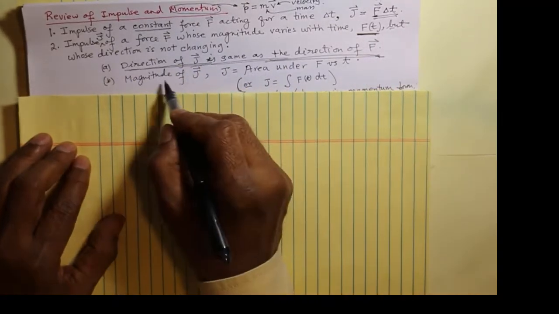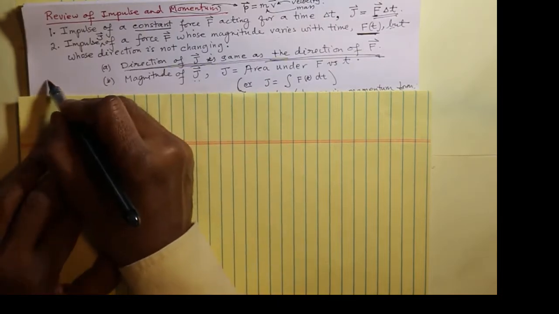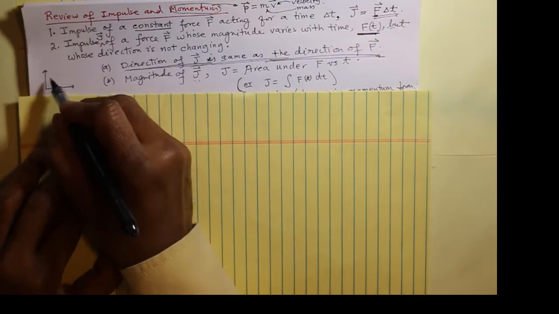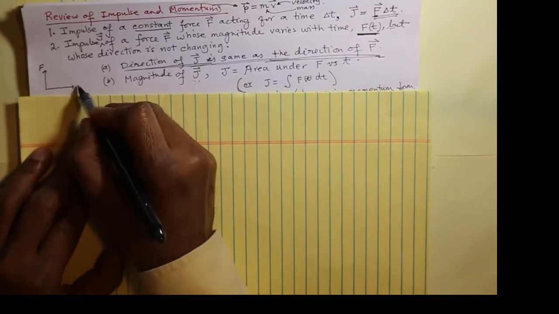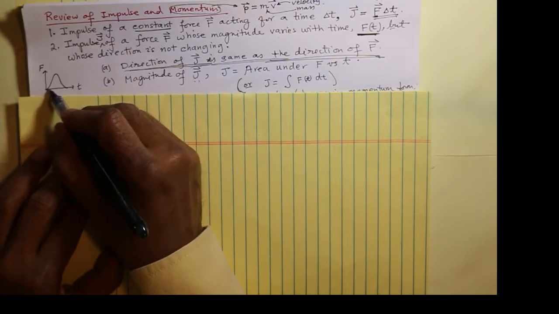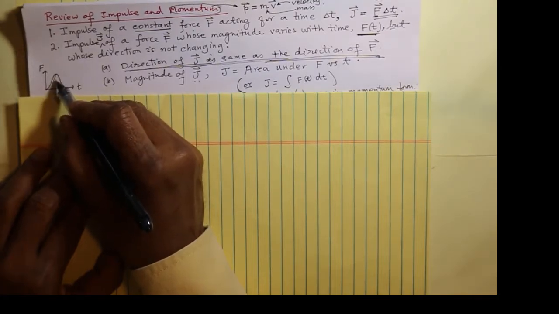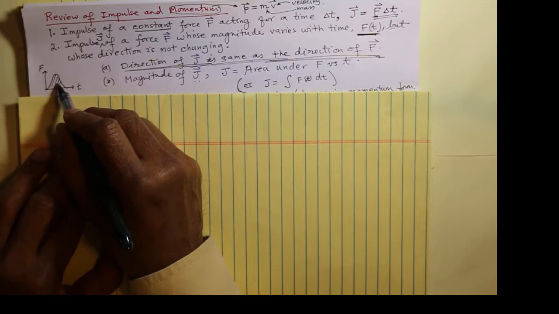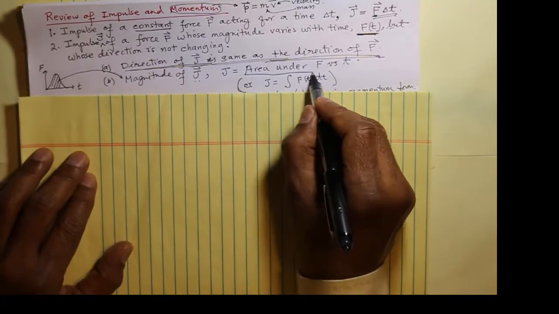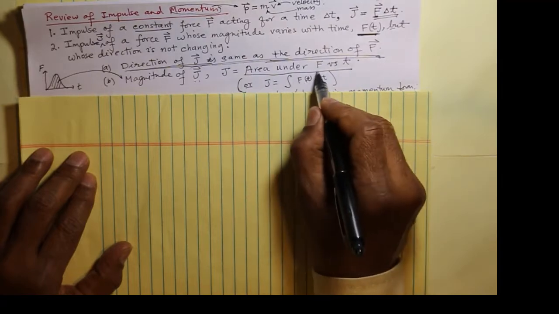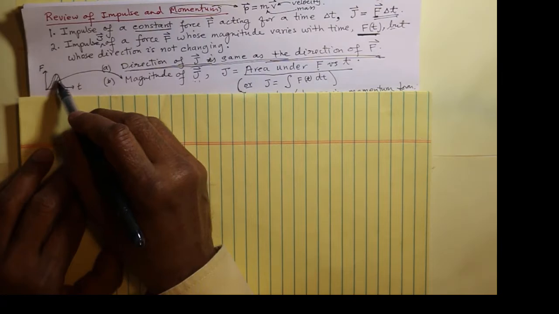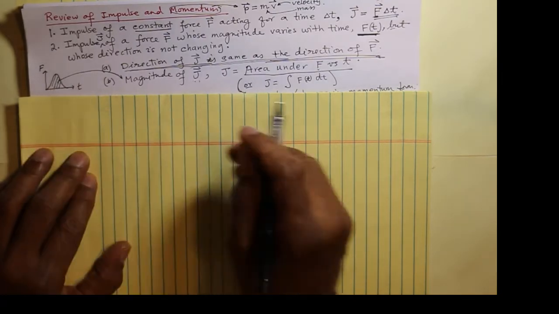But the magnitude of the impulse will be obtained from the area under the curve. So your magnitude versus t, and you may get a force like that, which is a different amount at different times, and this area is going to be the magnitude of J. This is called area under F, and because this is magnitude, this area will be positive.